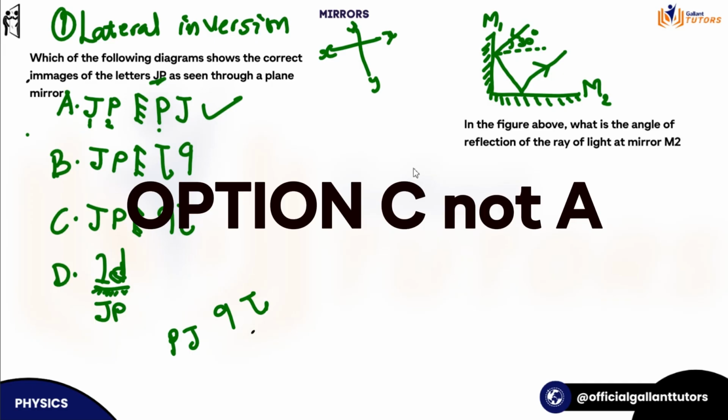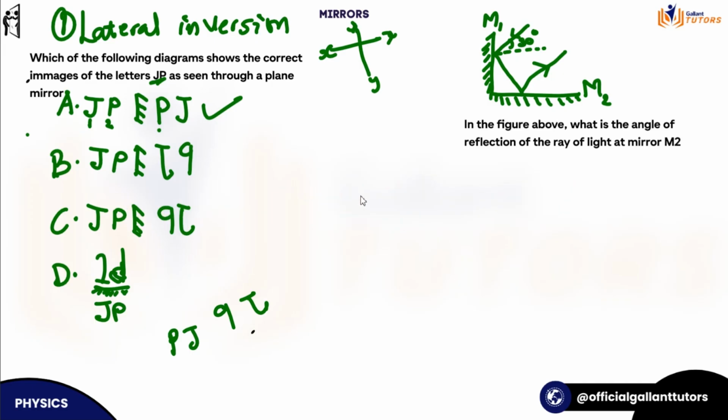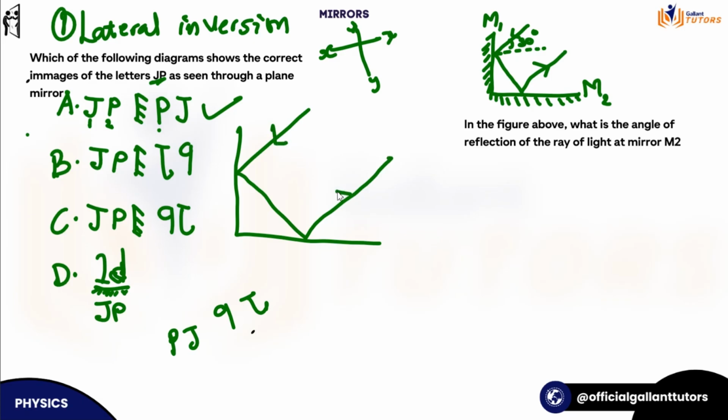So we have another question. This is more technical, but it's relatively easy. So let's draw the diagram. Let's enlarge it so you can have an idea of whatever I'm doing. Okay, so this is 30 degree.